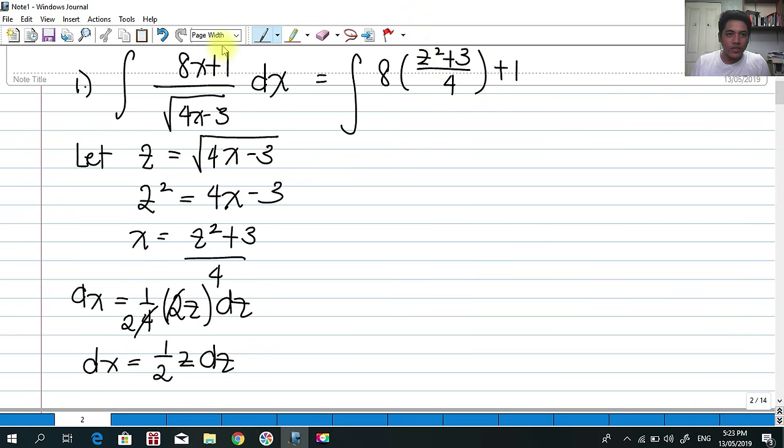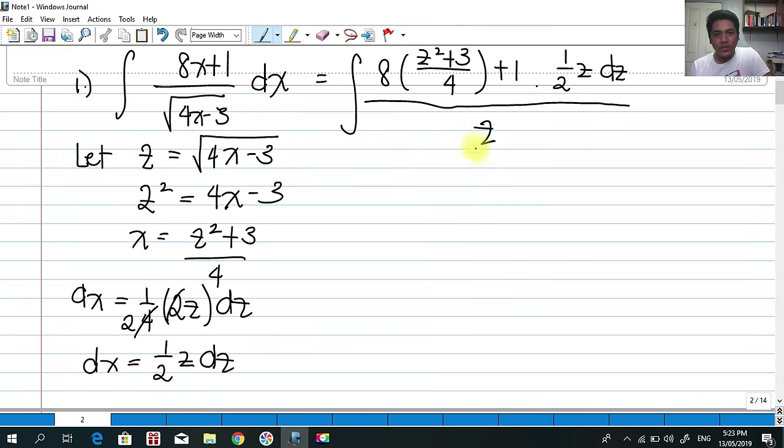Okay, because of this plus 1. Multiply that by dx. What is our dx? Our dx is 1/2 z dz. Here is our dx. Okay, divided by the square root of 4x minus 3. That must be our z.